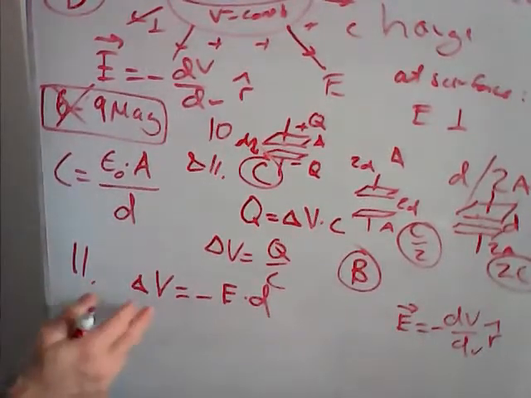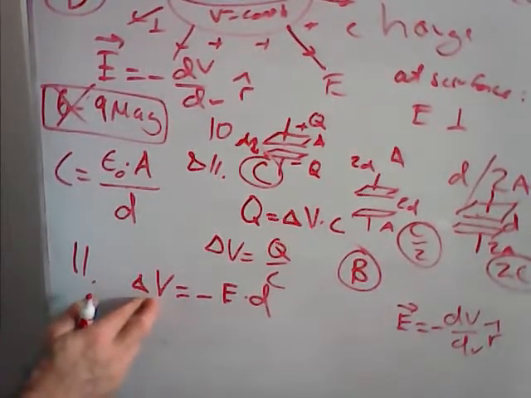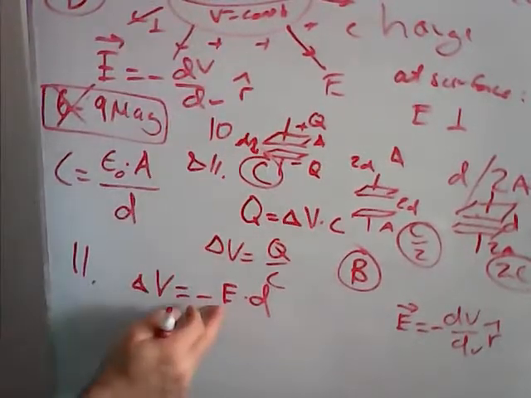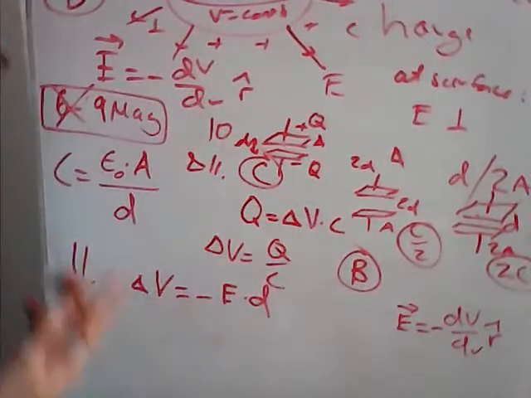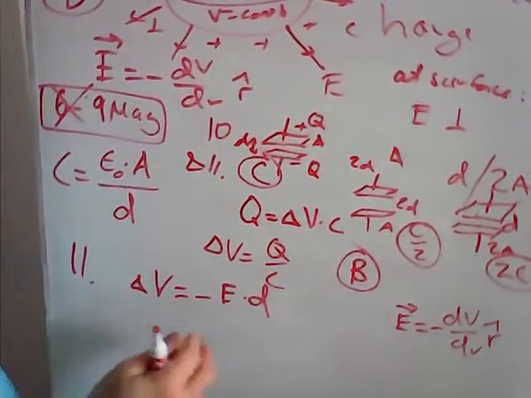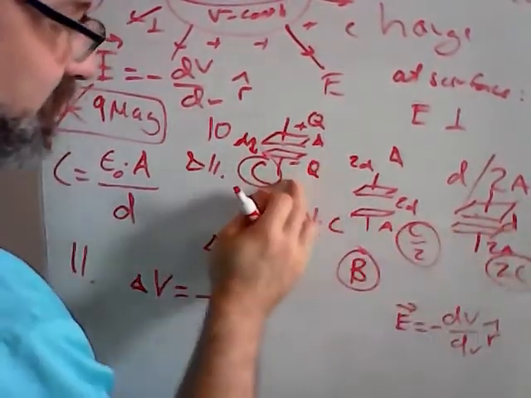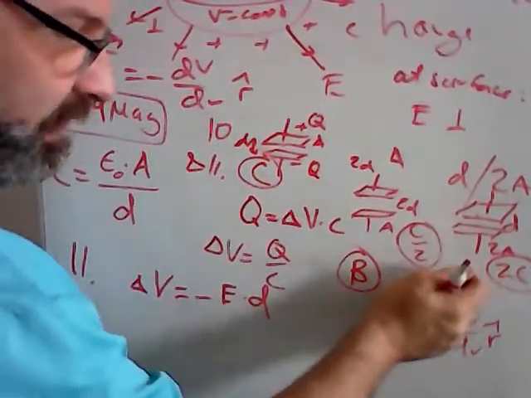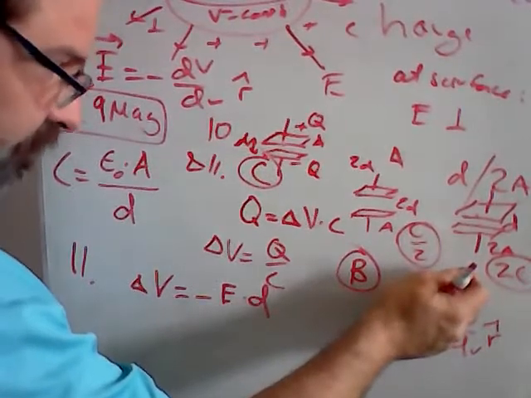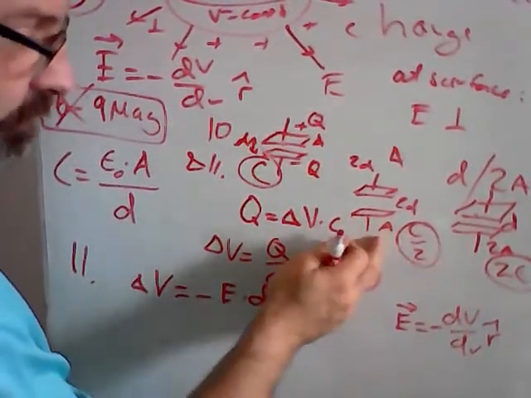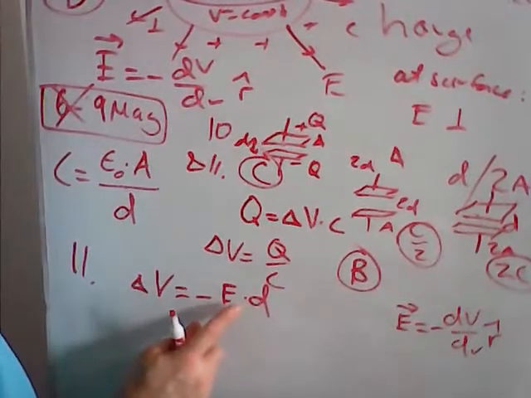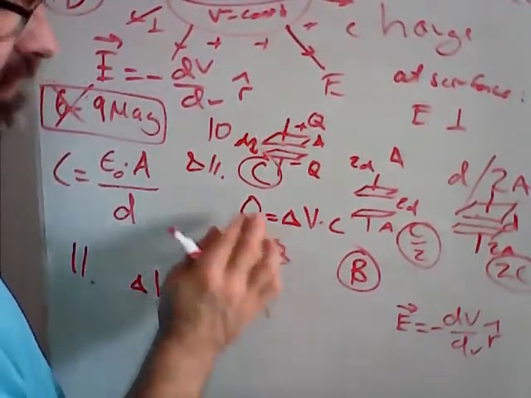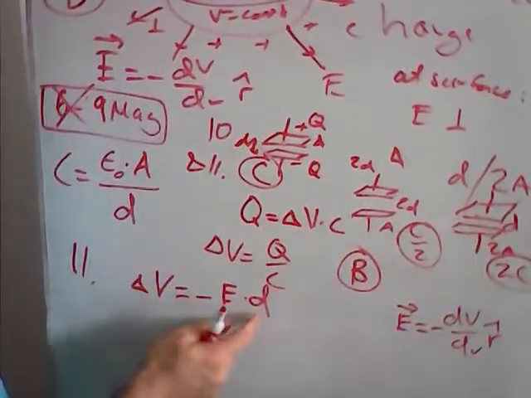Well, what does that mean? That means if the potential difference is the same, the electric field for a small distance is big, and the electric field for a big distance is small. So in our case, because this is D and this is D and this is 2D, in 1 and 3, they have the same electric field because D is the same.